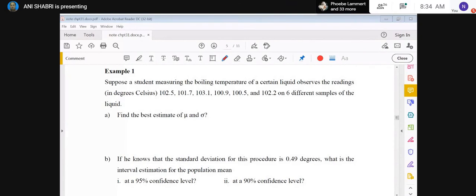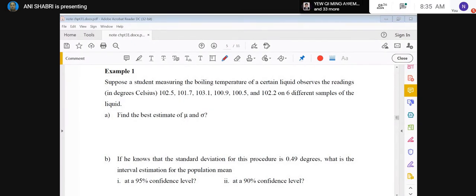Example 1. Suppose a student measuring the boiling temperature of a certain liquid observes the readings in degrees Celsius: 105, 100.5, 102.5, 101.7, 103.1, 100.9, 100.5, and 102.2 on 6 different samples of the liquid.